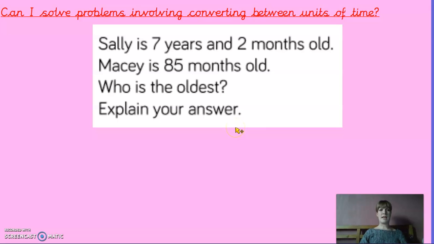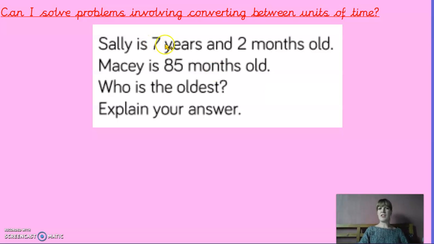So here it says, Sally is 7 years and 2 months old. Macy is 85 months old. Who is the oldest? And explain your answer. So, with this question, I can either convert the 7 years and 2 months into months, or I can convert 85 months into years.